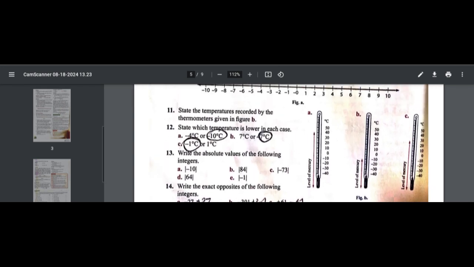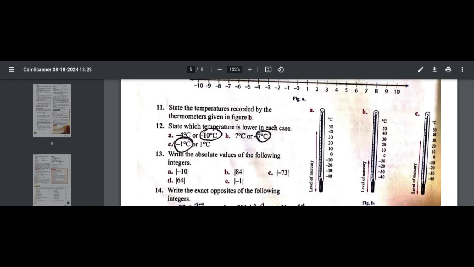Okay, we will continue with question number 11. State the temperatures recorded by the thermometers given in the figure. You have to just pick the point where the arrow is ending, according to the positive or negative temperature.